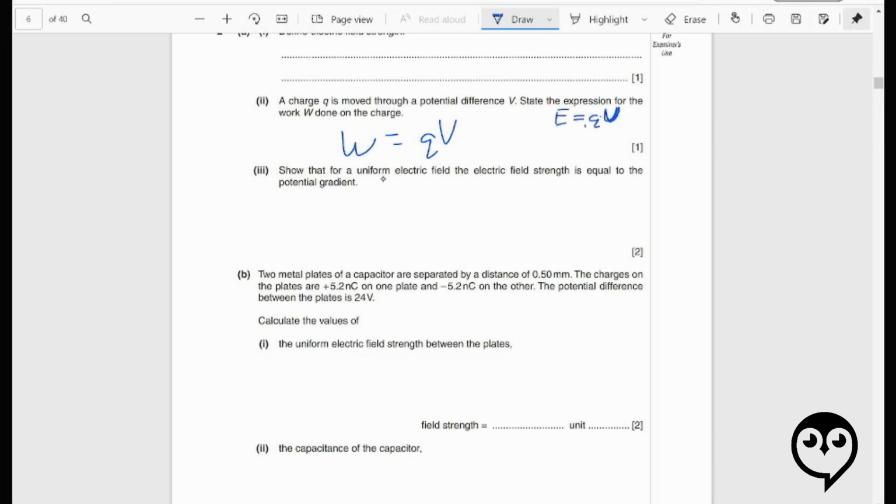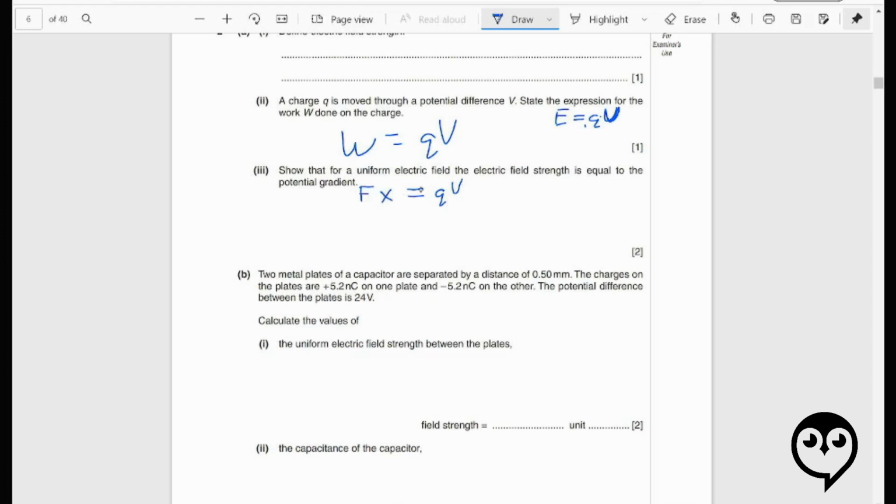Show that in a uniform electric field the electric field strength is equal to the potential gradient. The work done to move this charge in an electric field, we're going to move it a certain distance, and we're going to have to exert a certain force. Force through a distance, force times distance.